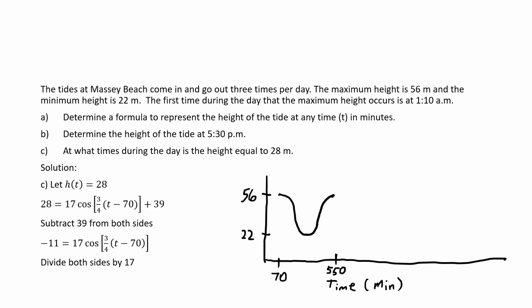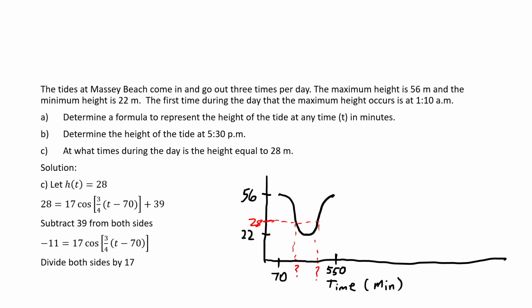Now finally, what if we want to know what times during the day the height is equal to 28 meters? Well, the height is measured on the y-axis. So basically, we're saying that our height is 28, which would be right about here. And we're curious what these times are right here. We're curious about them not just on the first cycle, but all through the day.